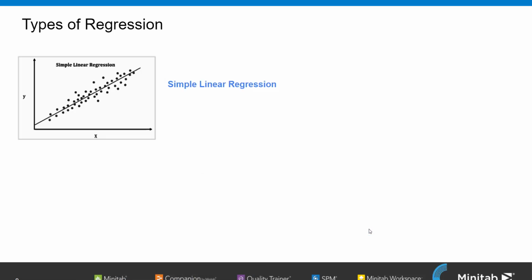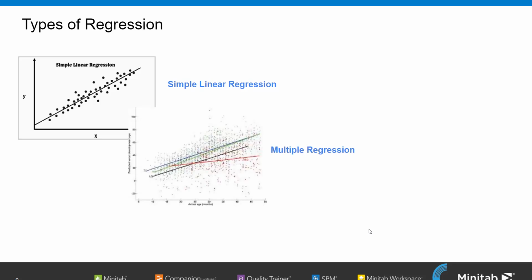Now there are different types of regression. A simple linear regression, as you know, examines the linear relationship between two continuous variables, one response and one predictor. Then there is multiple regression, which examines the relationship between a continuous response and two or more predictors.